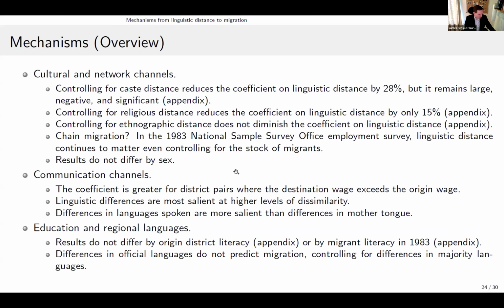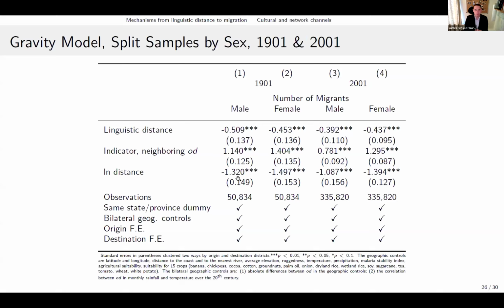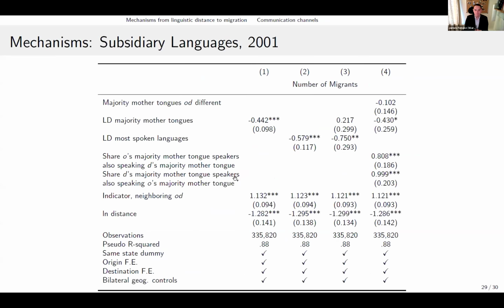Lastly, in the modern day census, they actually ask about languages spoken, not just mother tongue. And if you were to look at languages spoken and run a horse race, you would find that it is the differences between languages spoken, rather than the differences in mother tongues, that drives dissimilarities in migration flows.